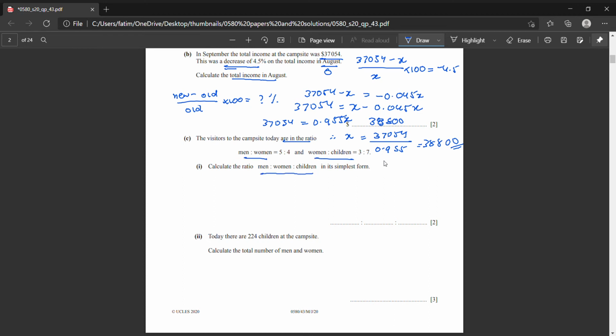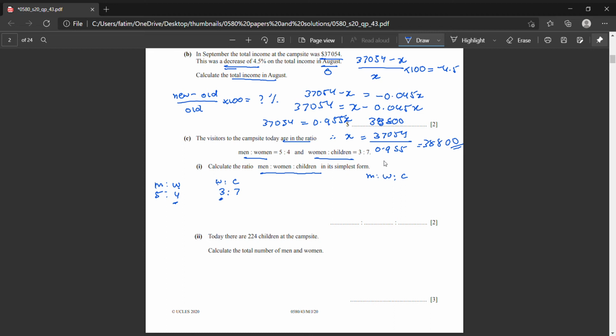Calculate the ratio of men to women to children in simplest form. Okay, so here we have men to women, the ratio of 5:4. And then we have women to children, which is 3:7. Okay, now we have to make a ratio for men, women, and children. Now, between these two separate ratios, the category that's common is women. So we have to multiply this value over here and this value over here to make them the same.